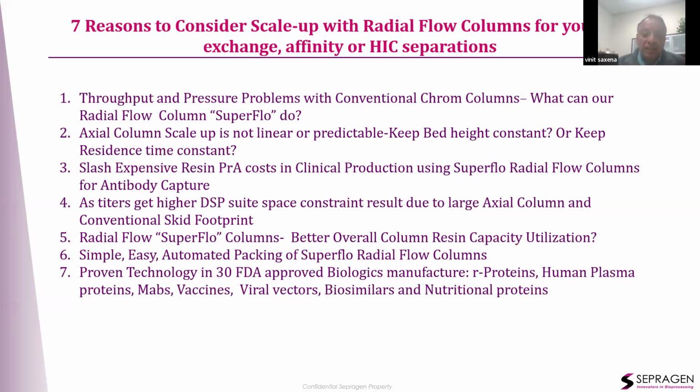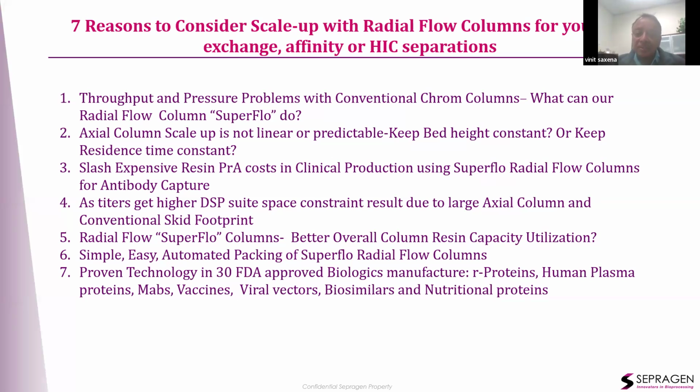The first one is throughput and pressure problems with conventional chromatography columns. Very often upon scale up, you find that you cannot go faster with axial columns. You're running a 20-centimeter bed. You may have done your separation on little high-throughput columns, but when you go to scale up with certain buffers, you get high pressure.